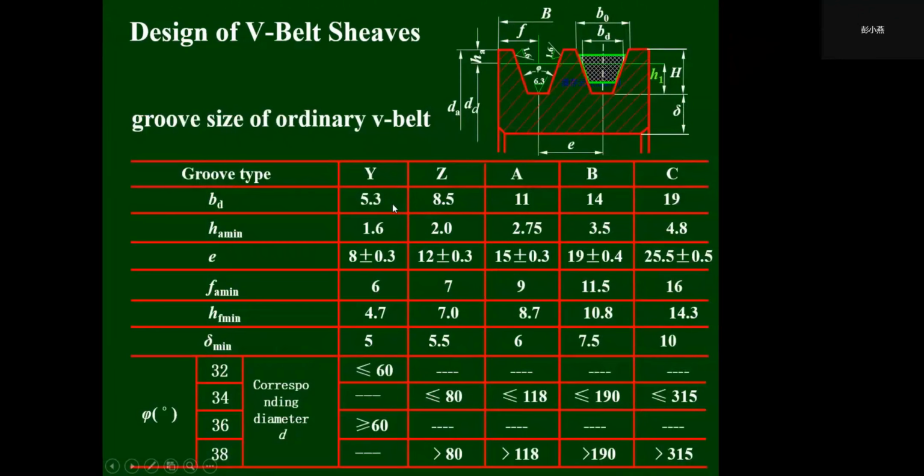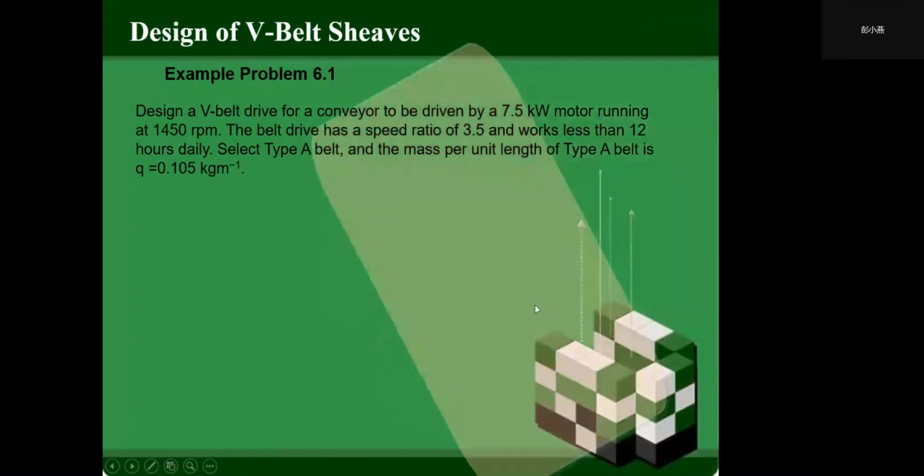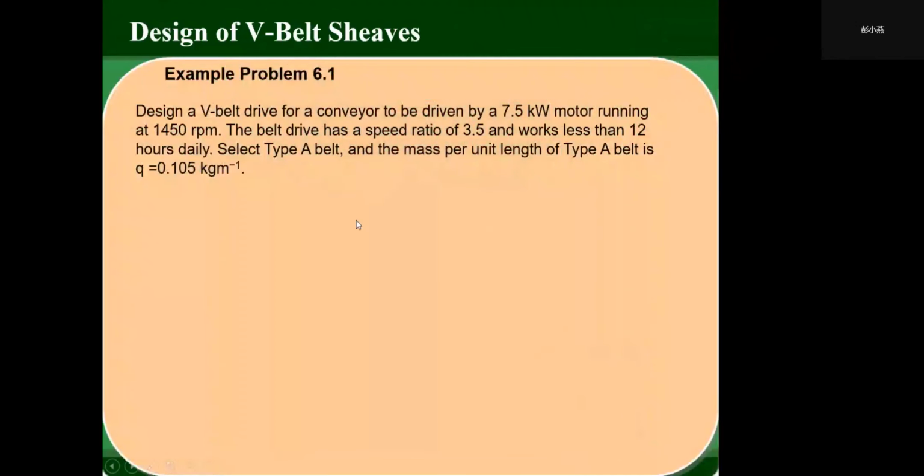And this is the size for ordinary wheel belt sieves. It's standard.